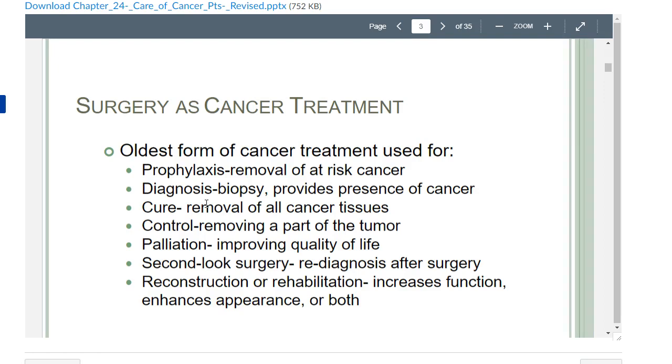Maybe they'll do a breast reconstruction on that lady. Think about somebody who may have revision of scars, or someone who's been bedridden with contractures. Maybe they'll do surgical interventions to release some of those contractures.